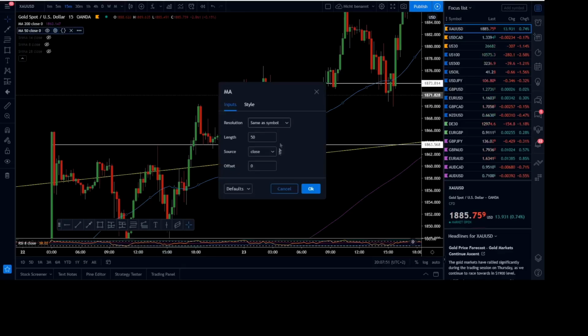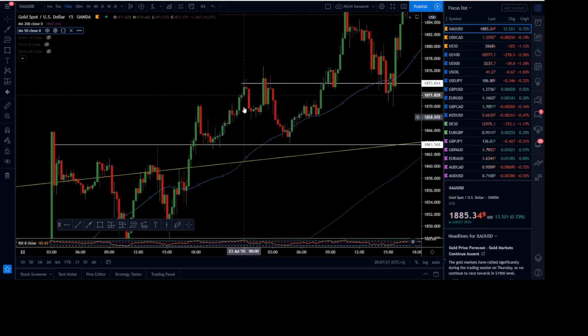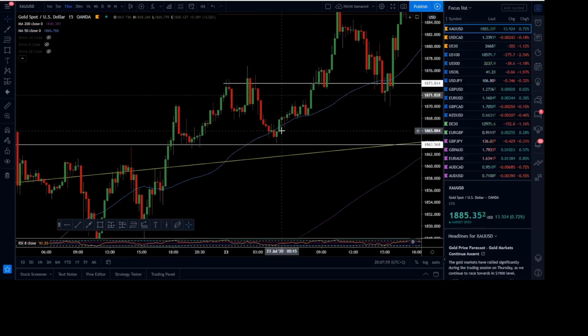Let me show you the settings so you can set it up like this. It's a 50 moving average, close, very easy. You could say, I want to see the rejection near the 50 moving average. You could add a moving average to your confirmation, to your confluence, to make the trading decision.